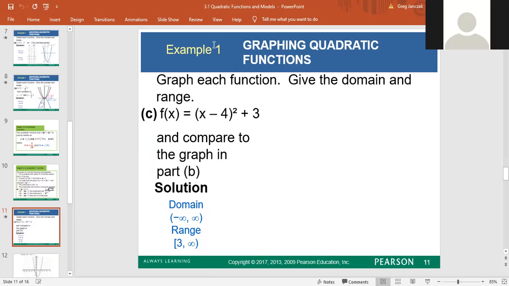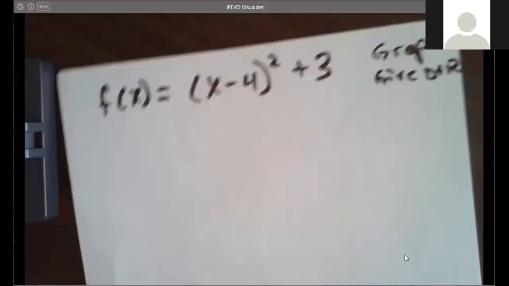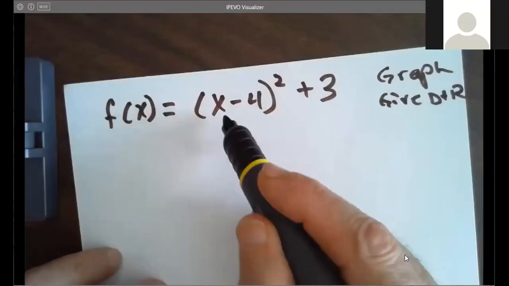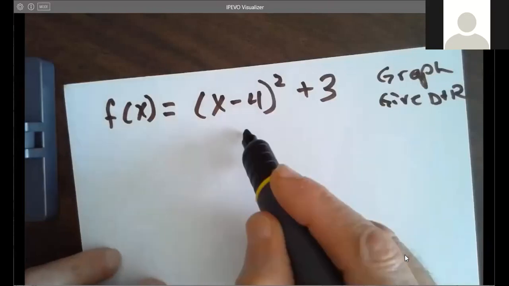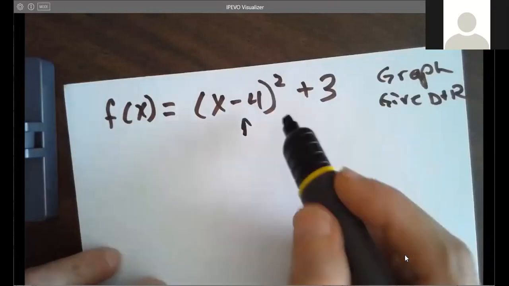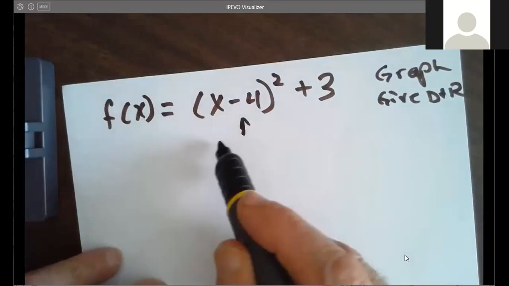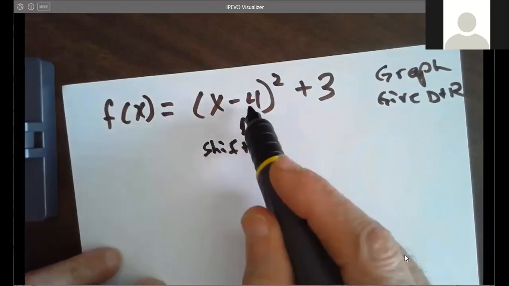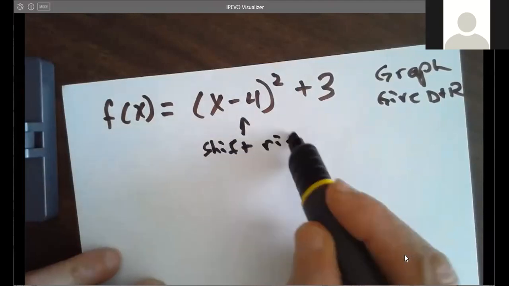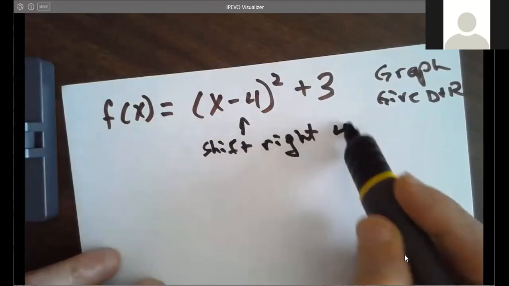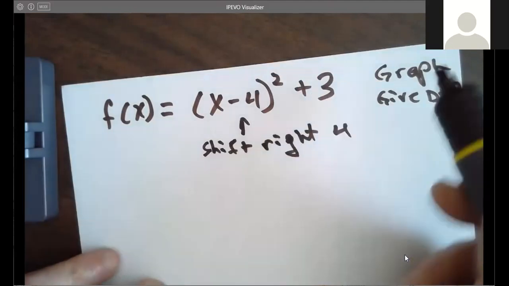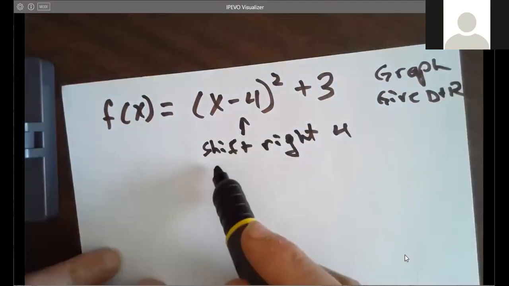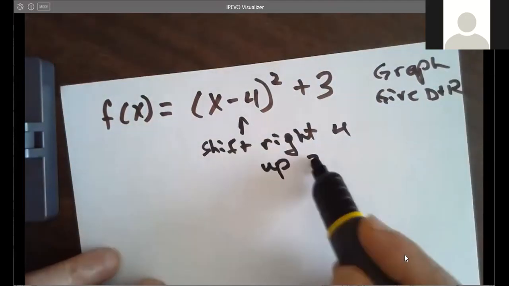So go to our sketch here. Because this is inside, this is going to make the graph shift to the right 4 spaces, and because it's plus 3 outside, it's going to shift up 3.